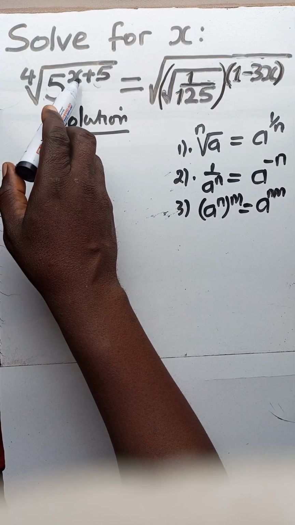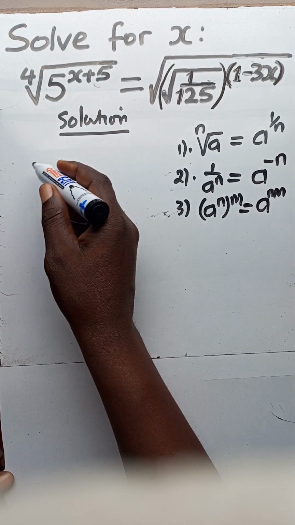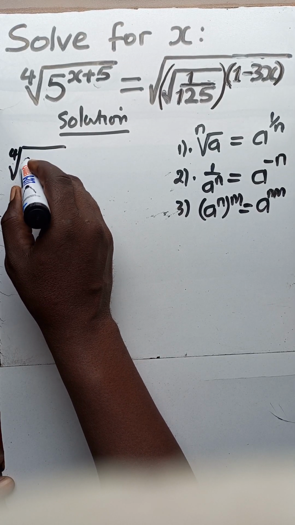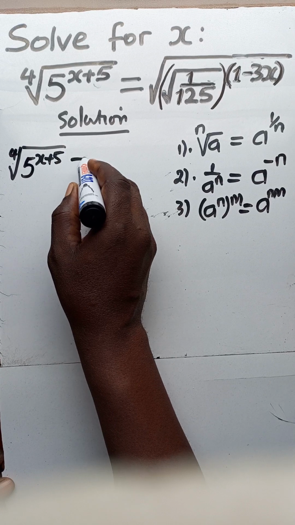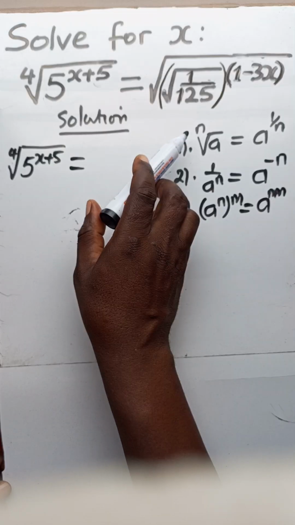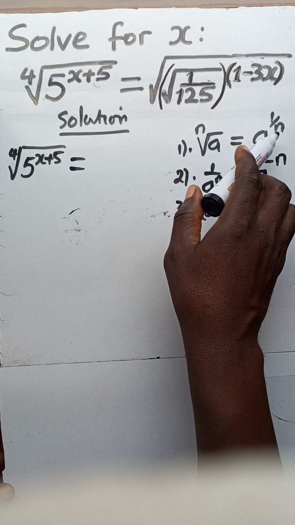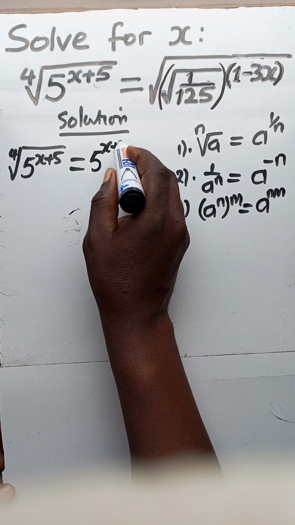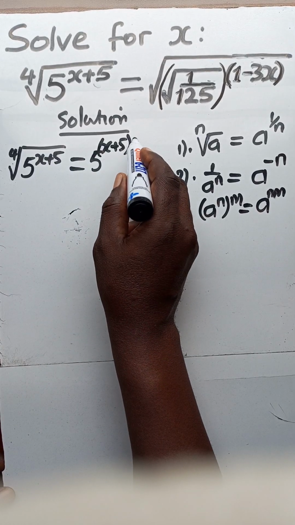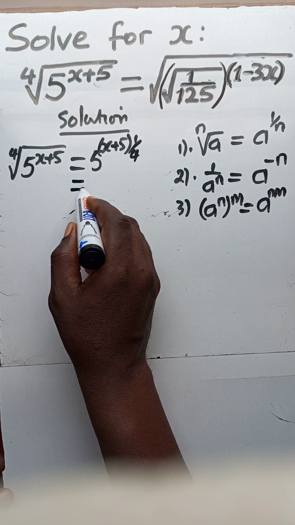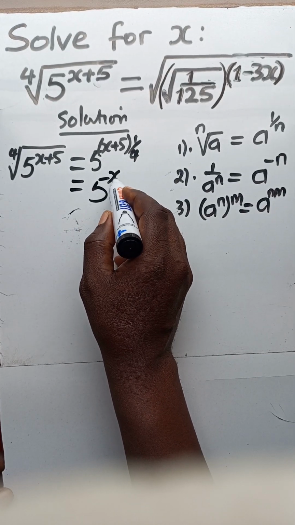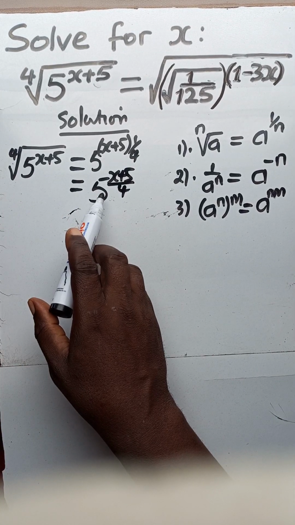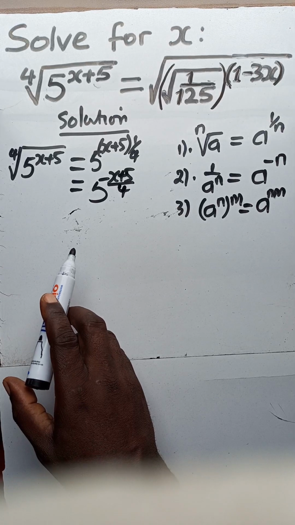The fourth root of 5 to the power x plus 5 becomes 5 to the x plus 5, raised to the power 1 over 4, which just gives us 5 to the power x plus 5 all over 4. So this left-hand side becomes 5 to the power x plus 5 all over 4.